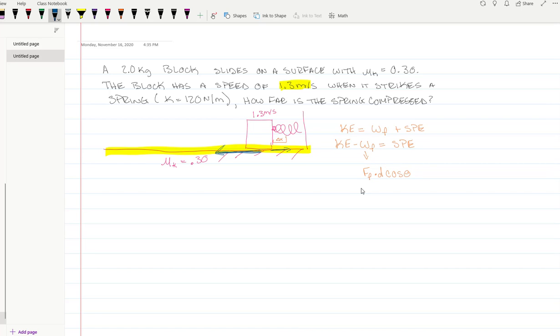So let's think this through. If I write that out, 180 degrees means that I'm going to have minus force of friction times the displacement. Now minus and a minus, so that says that I would have kinetic energy plus the work from friction, or the force of friction times the displacement. Well, that doesn't make any sense, because what that is saying is that the work from friction is actually adding energy in to compress the spring.